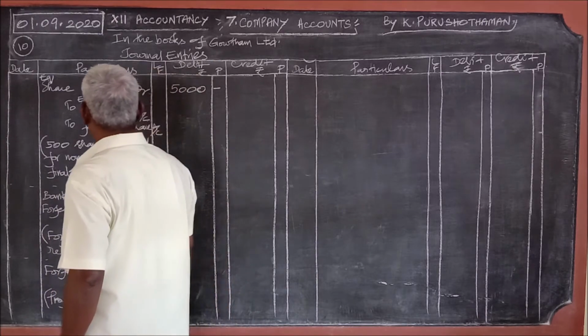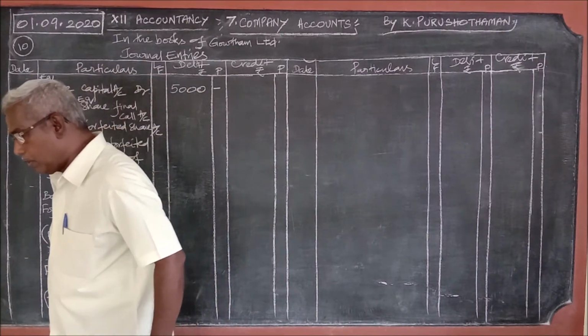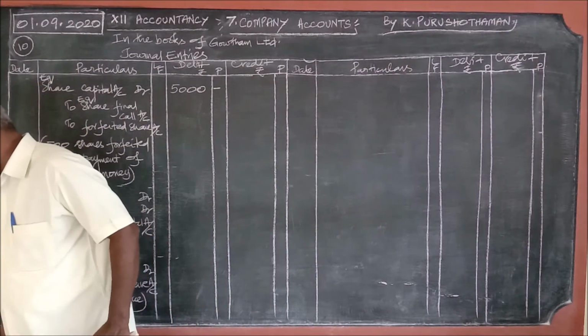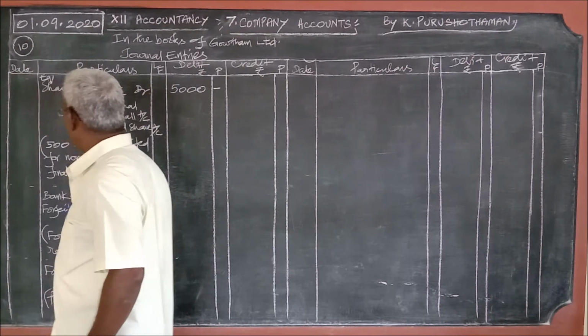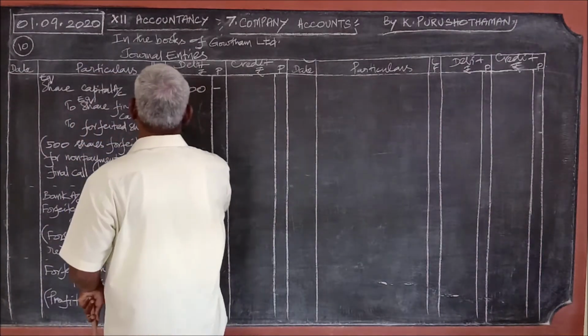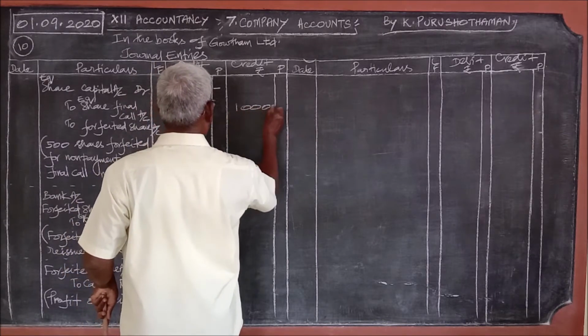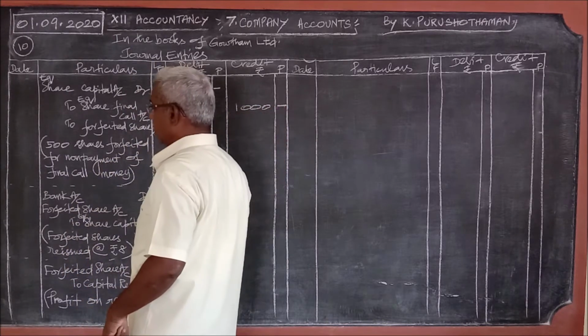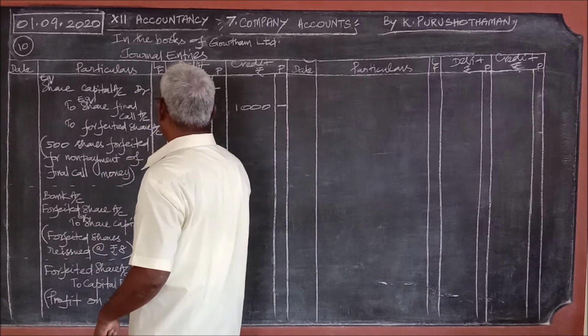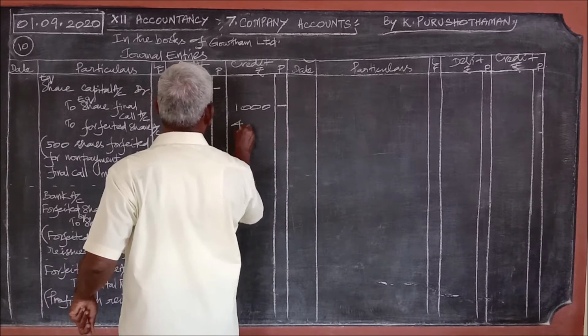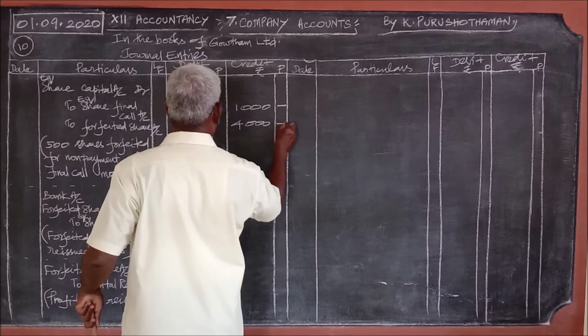Out of which the final call amount is rupees 2 per share. Therefore, 2 into 500, how much? 1,000. We should write it here. So forfeited share account is 4,000. The balance is here.